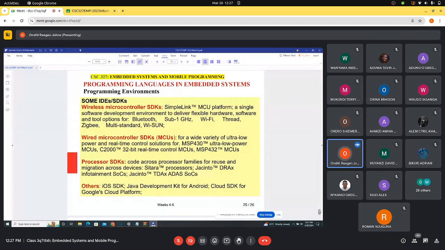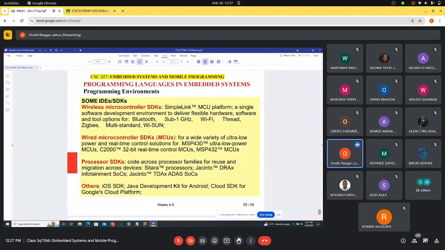If you look at other processors like Sitara and Jacinto, which are very interesting in terms of cross-platform. One of the things I would always ask students is to try and look at this type of processors, the Sitara and the Jacintos, and see what they have, time division appliances, and so on.